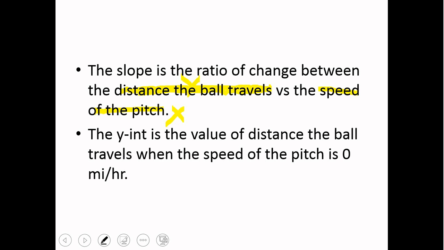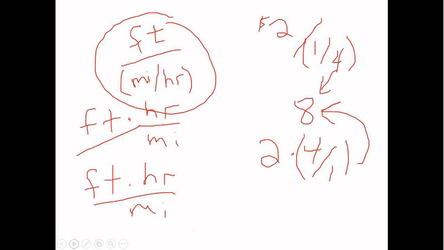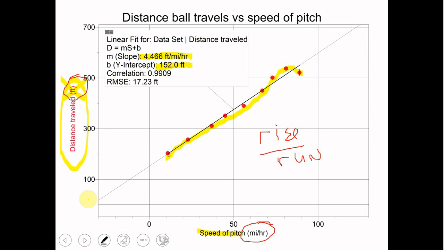All right, now the y-intercept, okay, by definition is mathematically the value of y when x equals 0. Let me go back a few slides. All right, it is just simply here, where this line crosses over the y-axis, okay?